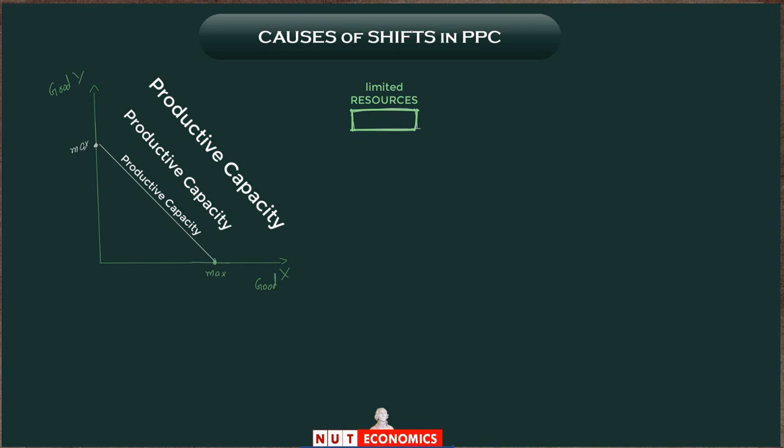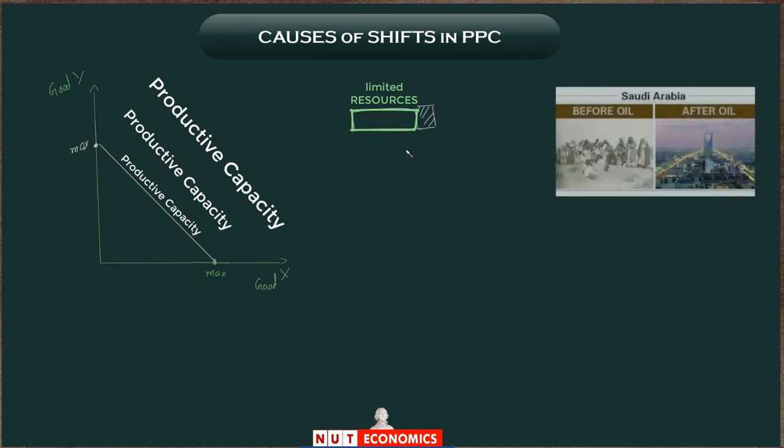And the answer should come out simply and very automatically that yes, any country's productive capacity can increase. Maybe it discovers more resources. Maybe it improves the quality of its resources. Maybe it discovers new technology because of which it can get much more out of the existing resources it has.